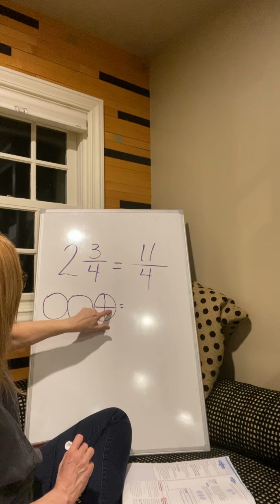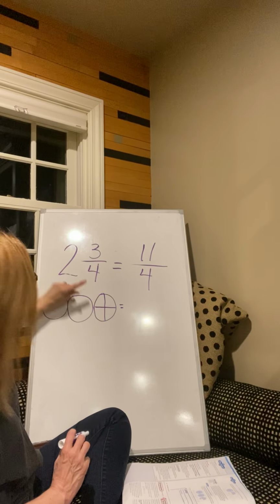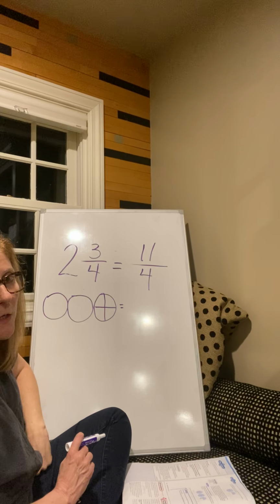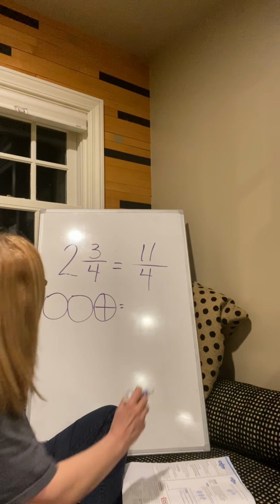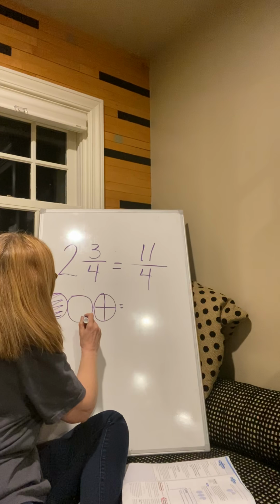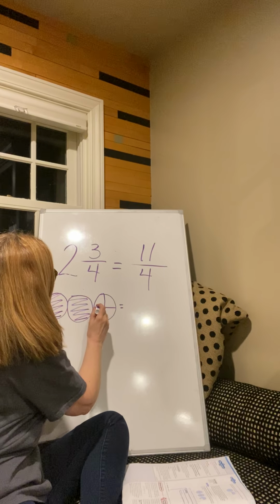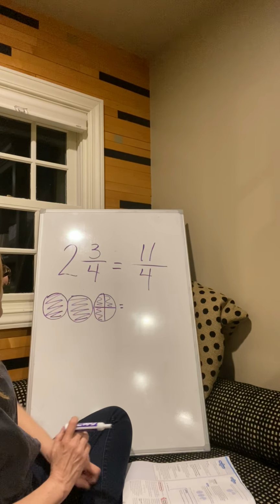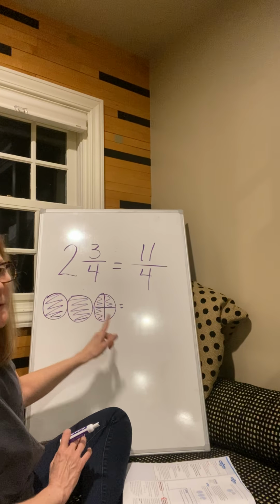So it's going to be a circle divided into pieces. How many pieces? My denominator tells me. 4 pieces. Okay? So let's color in 2 3/4. There's 1, 2, 1, 2, 3, because I only want 3 of the 4 pieces. So that's what 2 3/4 looks like.